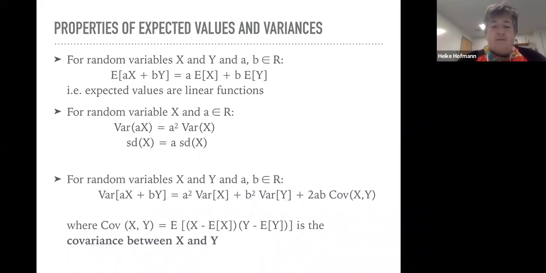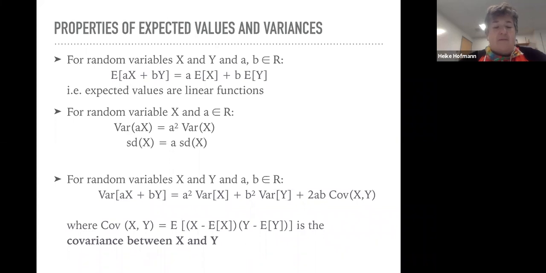So plus 2 times A times B times the covariance of X and Y. And we define the covariance of X and Y as the expected value of the product of X minus EX times Y minus EY. So that's called the covariance.